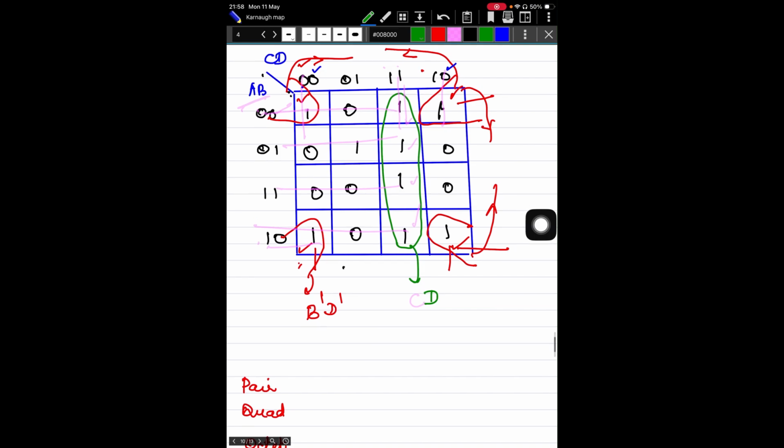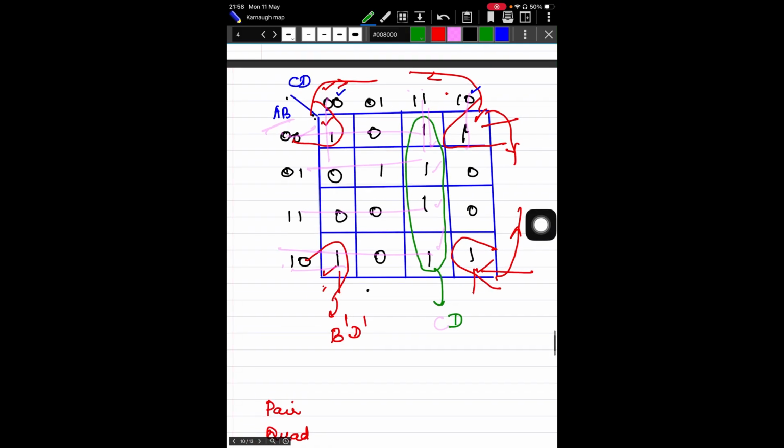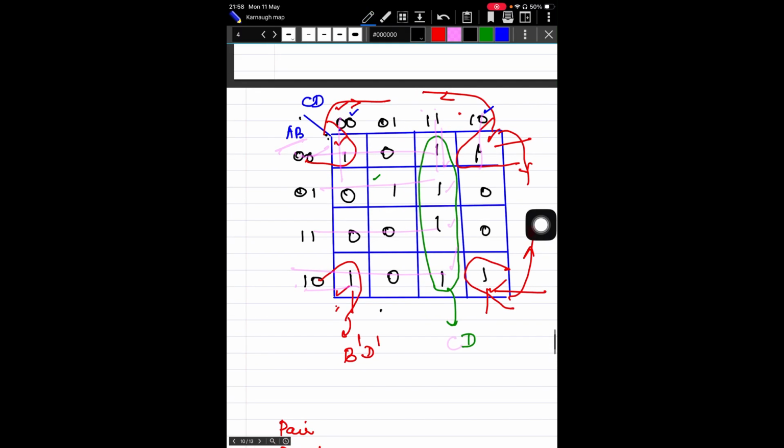Is my problem complete or have I left out anything? Yeah, a 1 is over here. What should I do? I should try to form the biggest group with this one. The only group which I can form with this one is a black group, right? It is a pair. What is the name of this pair? I'll again take my pink pen. I'll project it here. A is 0, B is 1.